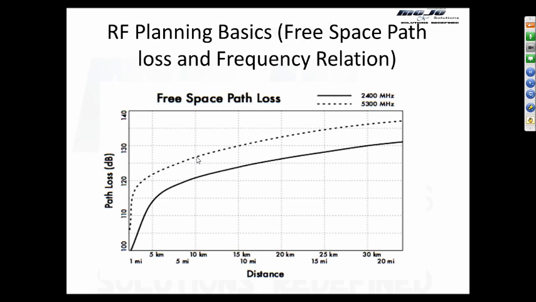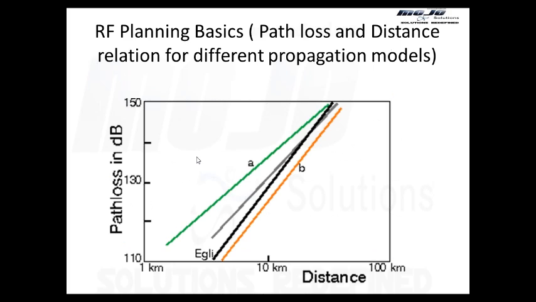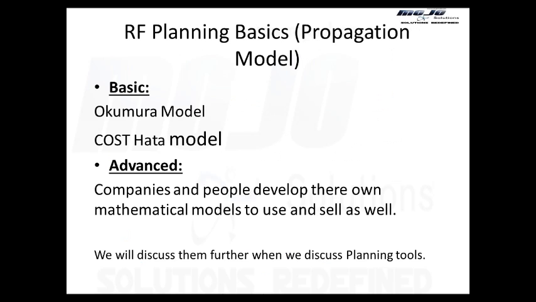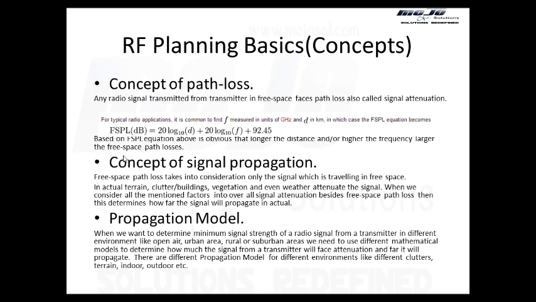This is another path loss, distance, and kilometer example, A and B. Now, what you do is you predict the path loss. That was for free space. So it is the simple equation which I showed you guys over here.